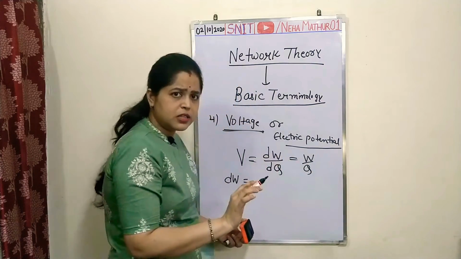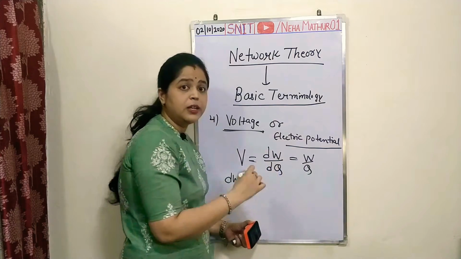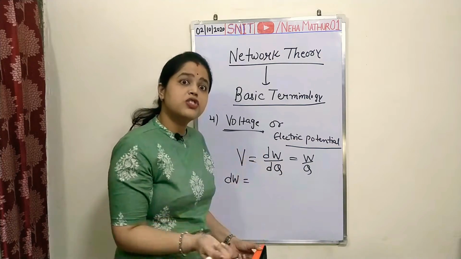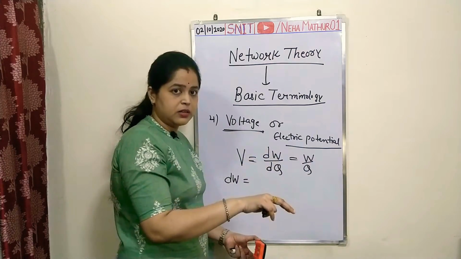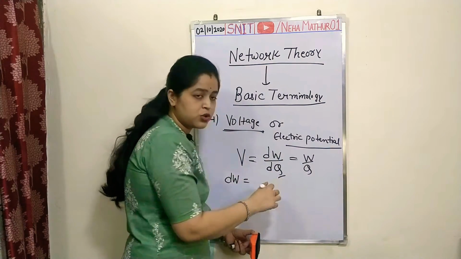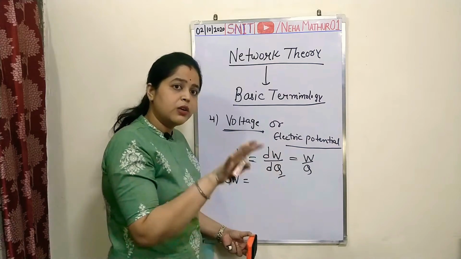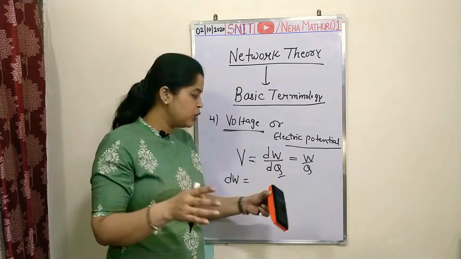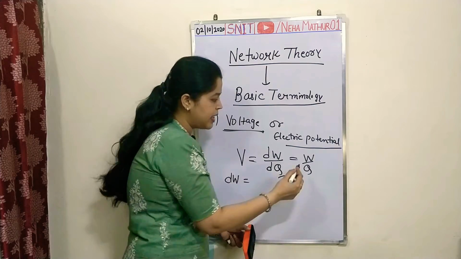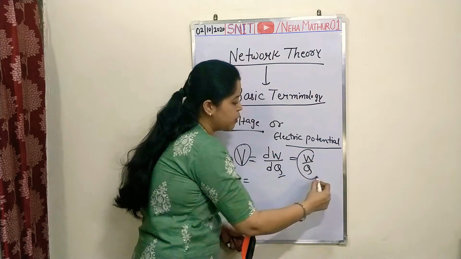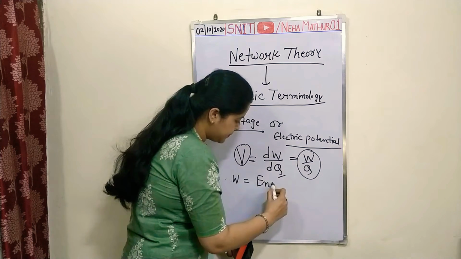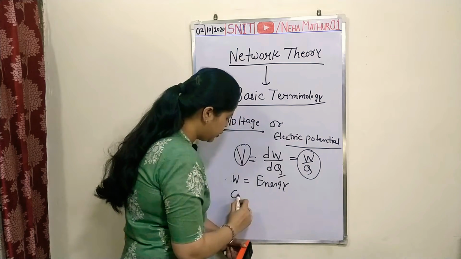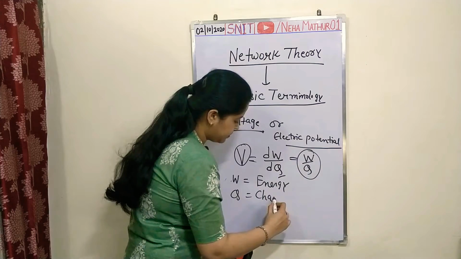It is not necessary that you should always mention dW. dW stands for change in energy, dQ stands for change in charge. But for a large value of W and Q, you can directly write V equals W upon Q, where W is the energy and Q is charge.